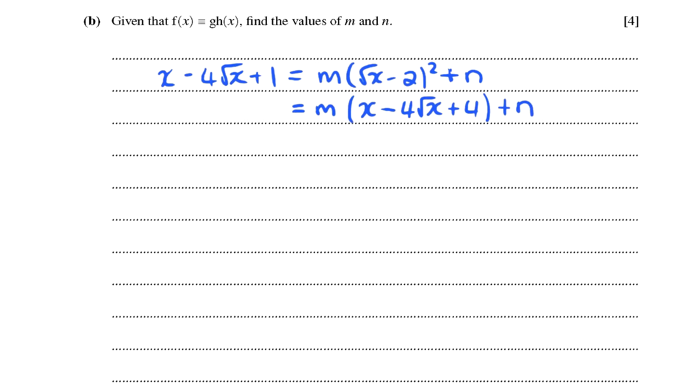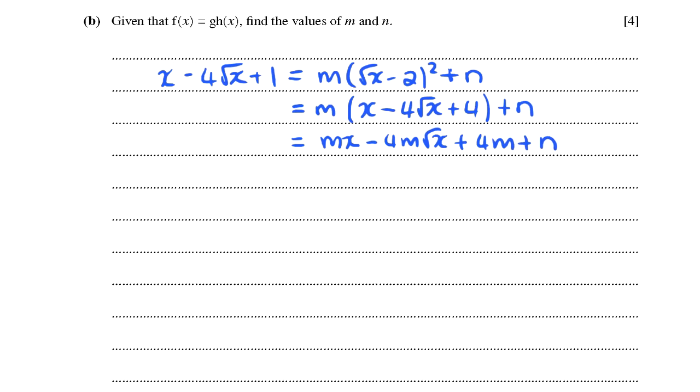Well, that looks very similar to what we have. What can we do? Oh, we can just expand it and just get mx minus 4m root x plus 4m plus n.